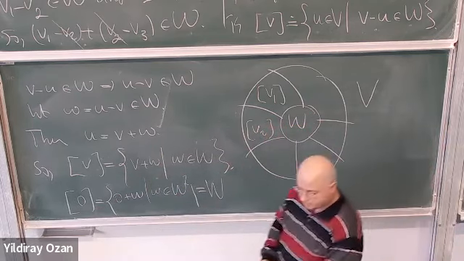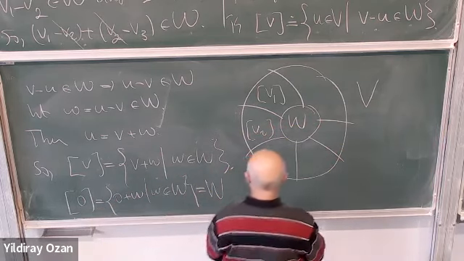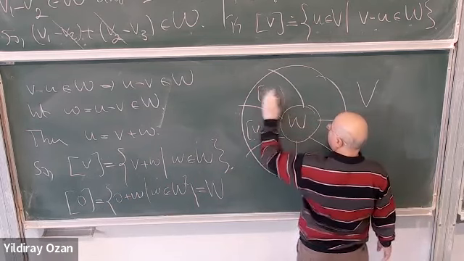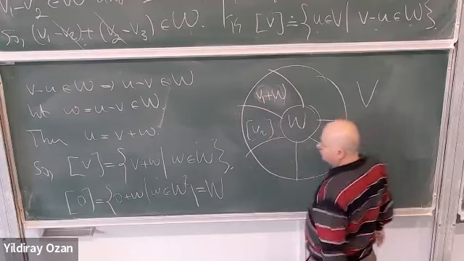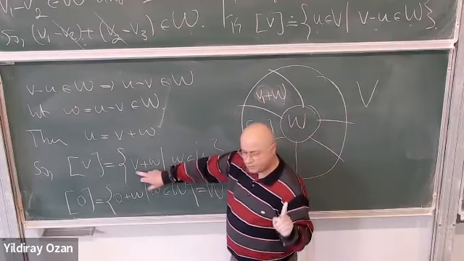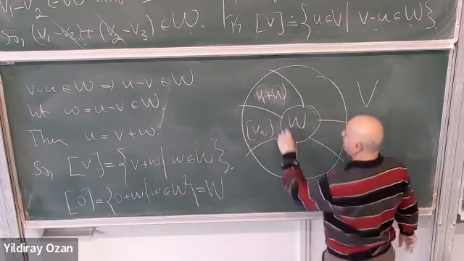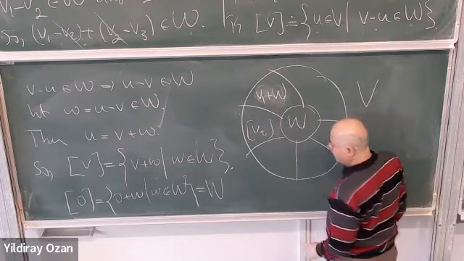Actually, here, instead of this, I can just write V1 plus W. Why is that? Because it is V plus all the elements in W. Therefore, I can just write this equivalence class.